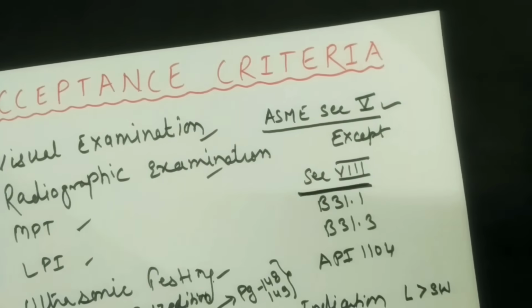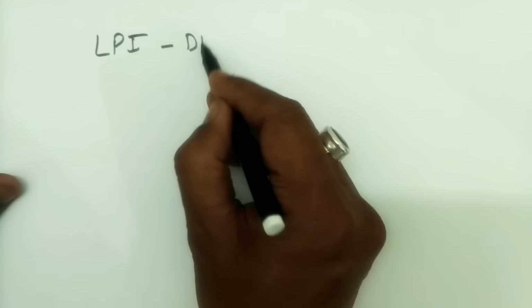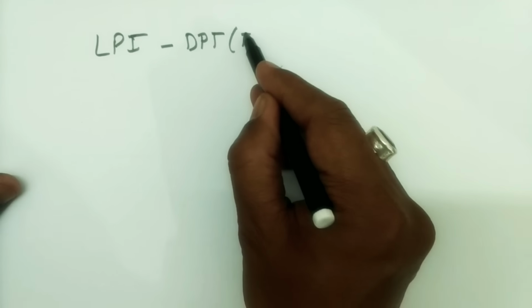Now we'll move towards DPT and MPI. LPI, that is liquid penetrant testing or liquid penetrant inspection, is also called dye penetrant test, DPT, or simply penetrant testing, PT. So these are the names of the same NDT method.